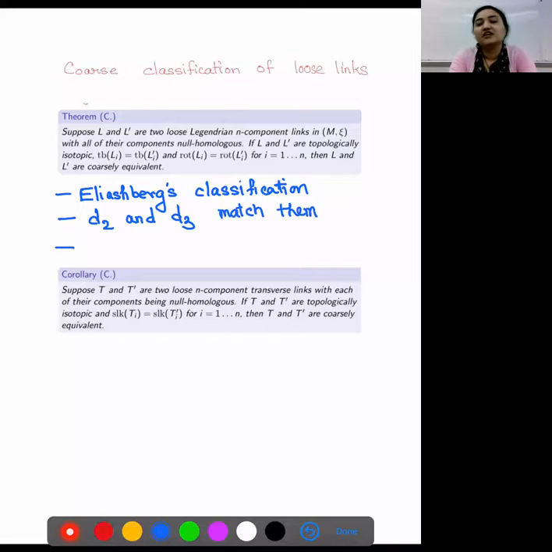And third, how do we match D2 and D3? Here we have to use the relative version of the Pontryagin-Thom construction.